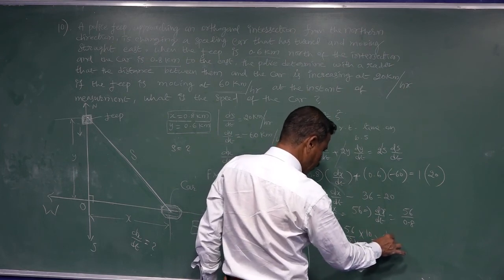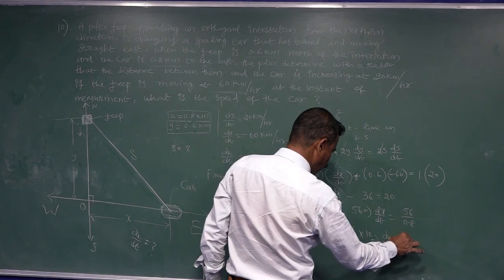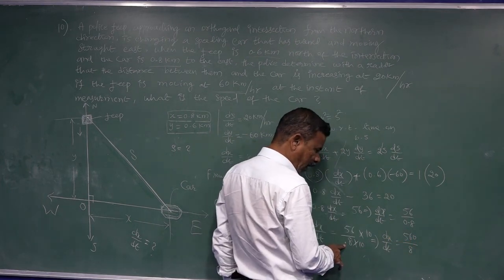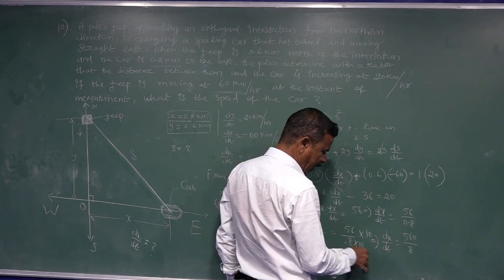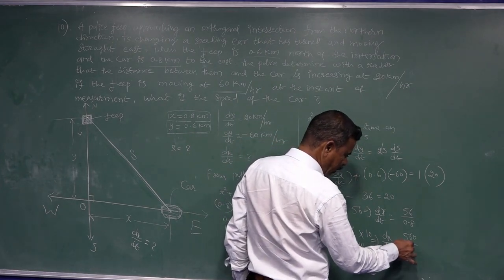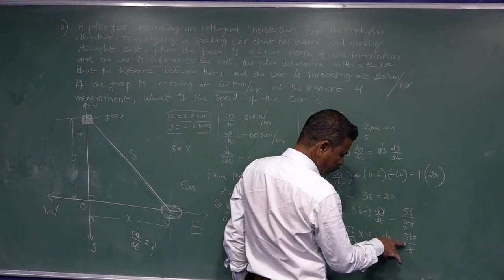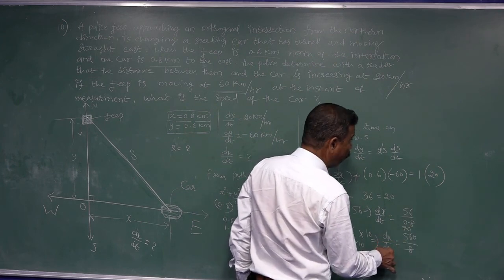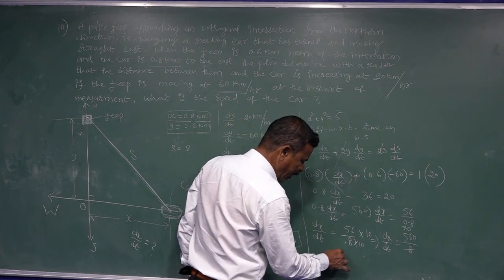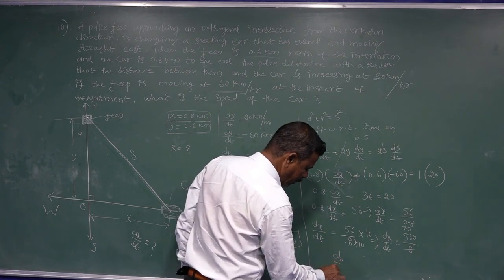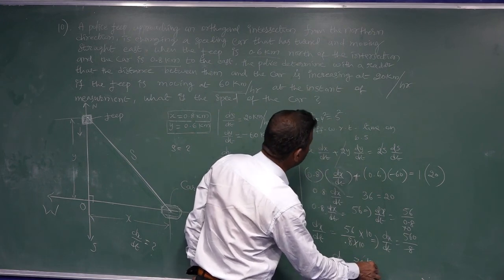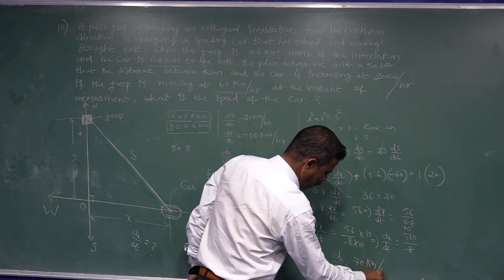The point cancels, only 8. 8 times 7 is 56, remaining 0. So dx by dt is finally 70 kilometers per hour.